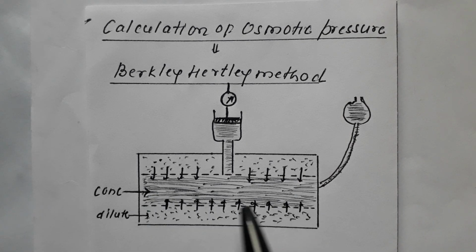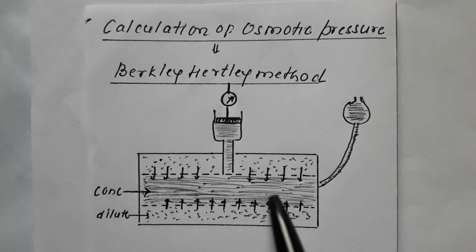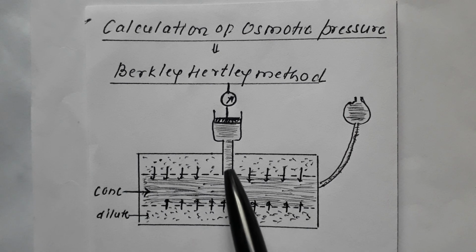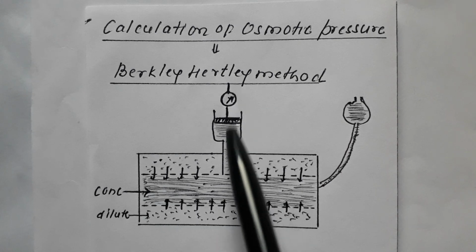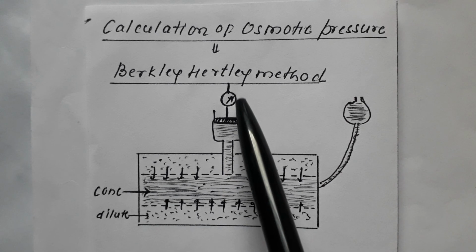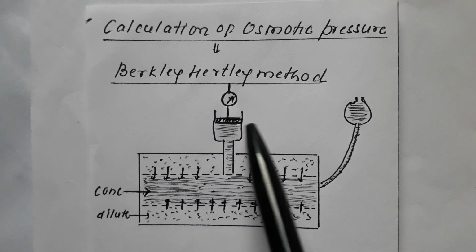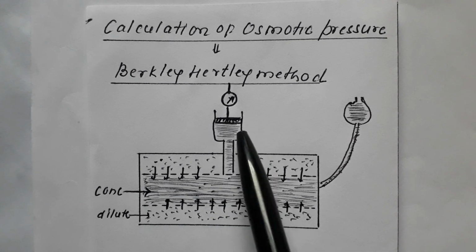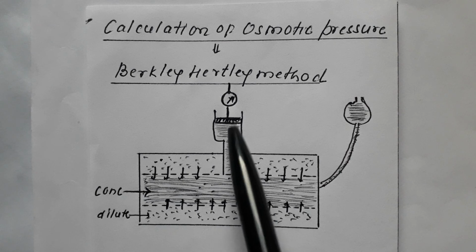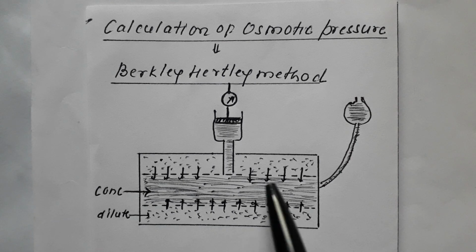To calculate it, we apply an external pressure, and we say that the minimum external pressure which, when applied to any solution, prevents the process of osmosis, is termed the osmotic pressure, represented by pi.